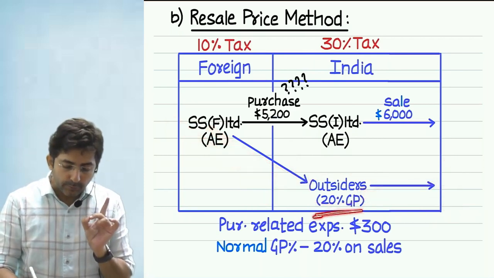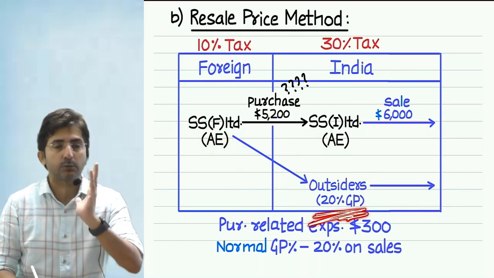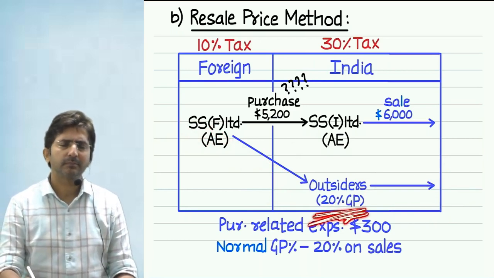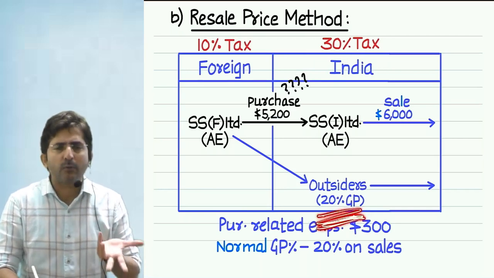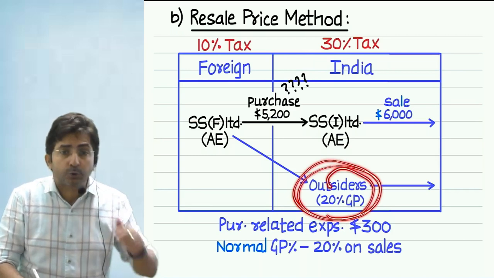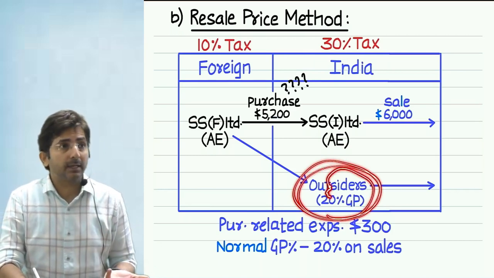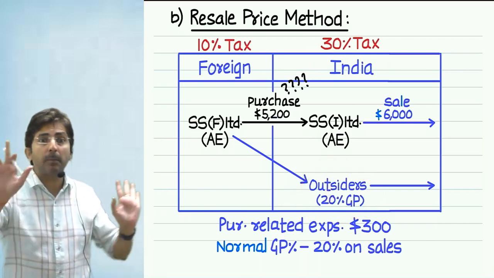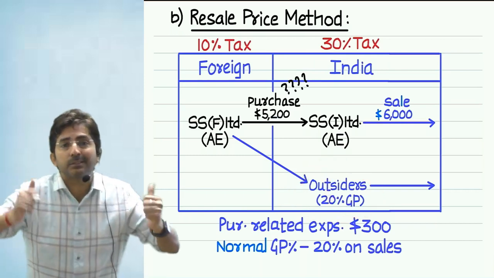And you know, this 20% profit margin is trustworthy. Why can you trust 20%? Because this is the margin with outsiders, and outsiders are unrelated parties. So whenever we see unrelated parties, we believe the transaction.